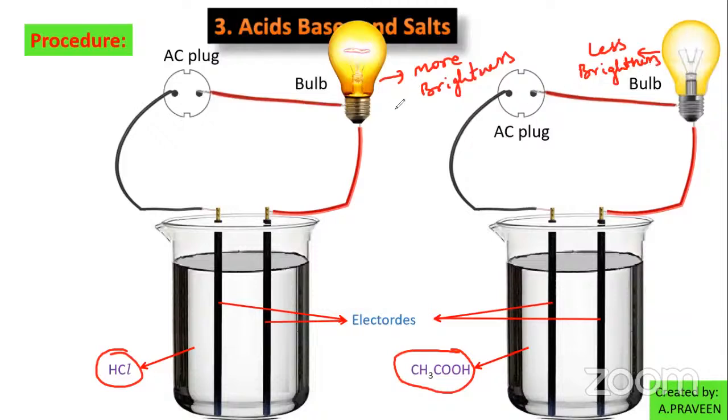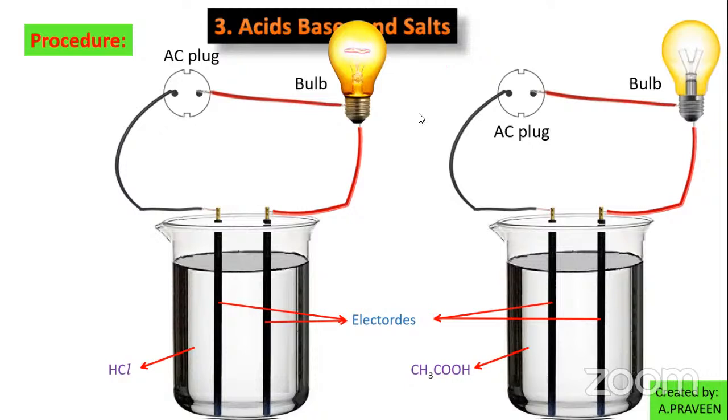So based on the brightness of the bulb, what can we conclude? I observed HCl giving more intensity, and acetic acid giving less intensity.